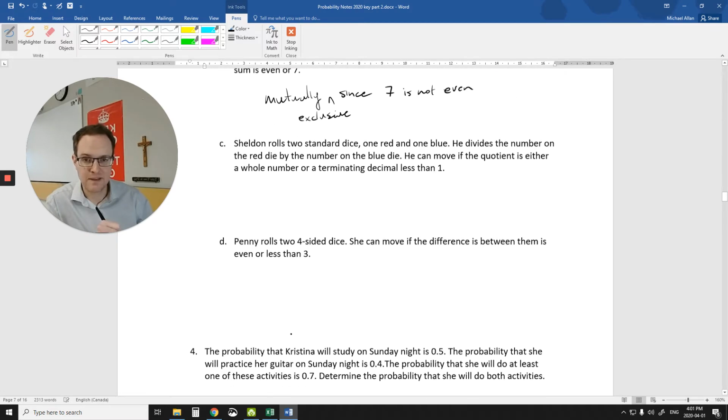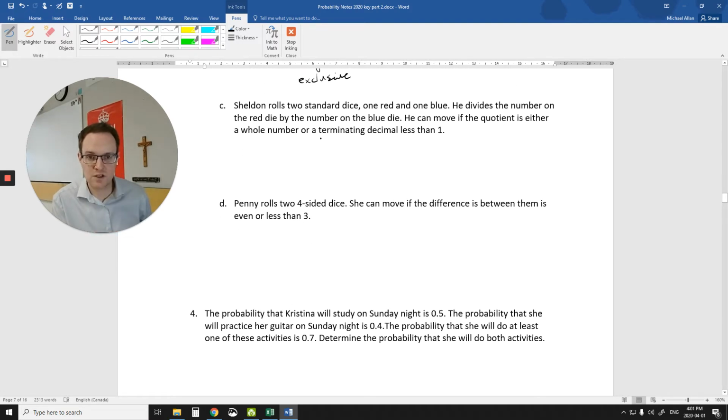Okay. Sheldon rolls 2 standard dice here. 1 red, 1 blue. He divides the number on the red by the number on the blue. He can move if the quotient is either a whole number or a terminating decimal less than 1. Okay.